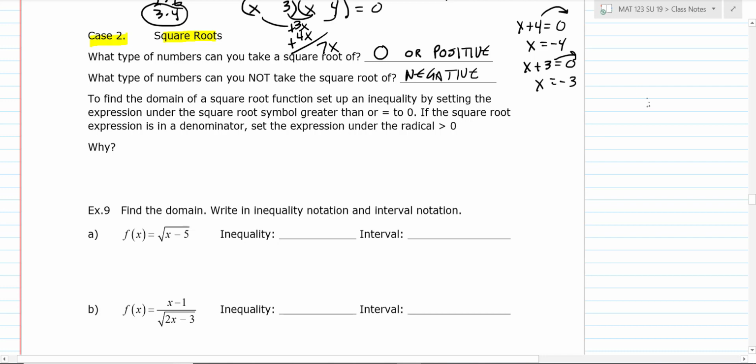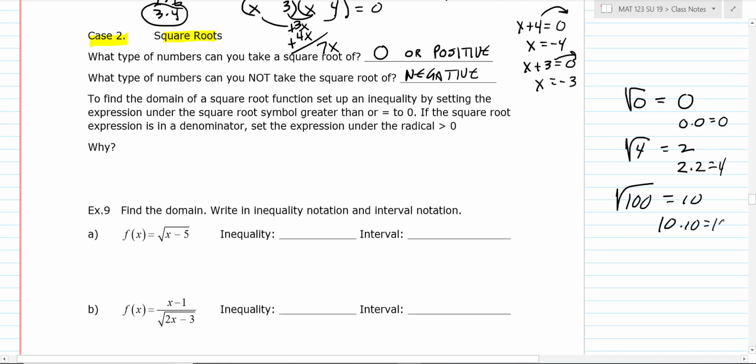The way you look at this, kind of think of it like this. All a square root is, is what number do you multiply by itself that would give you what's under the symbol. The square root of 0 would be 0, because 0 times 0 is 0. If you do the square root of 4, a positive number, that's 2, because 2 times 2 is 4. The square root of 100 is 10, because 10 times 10 is 100.